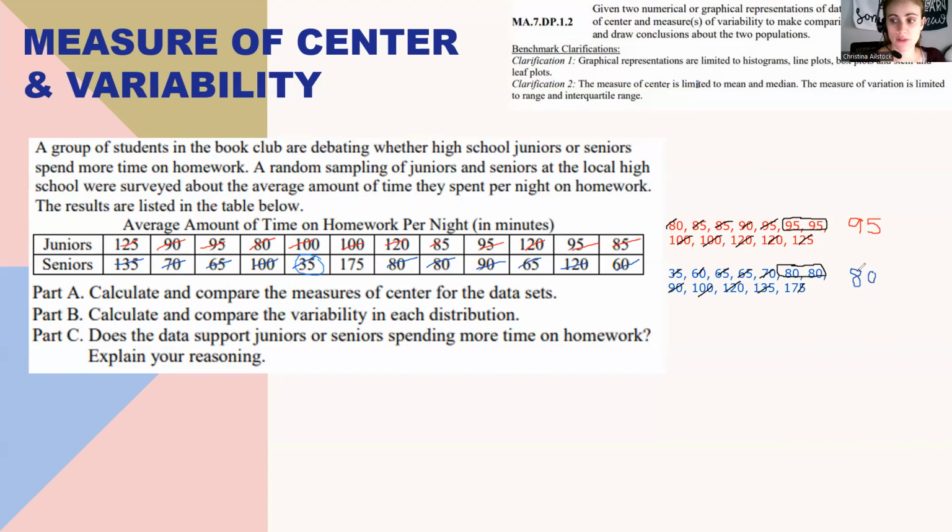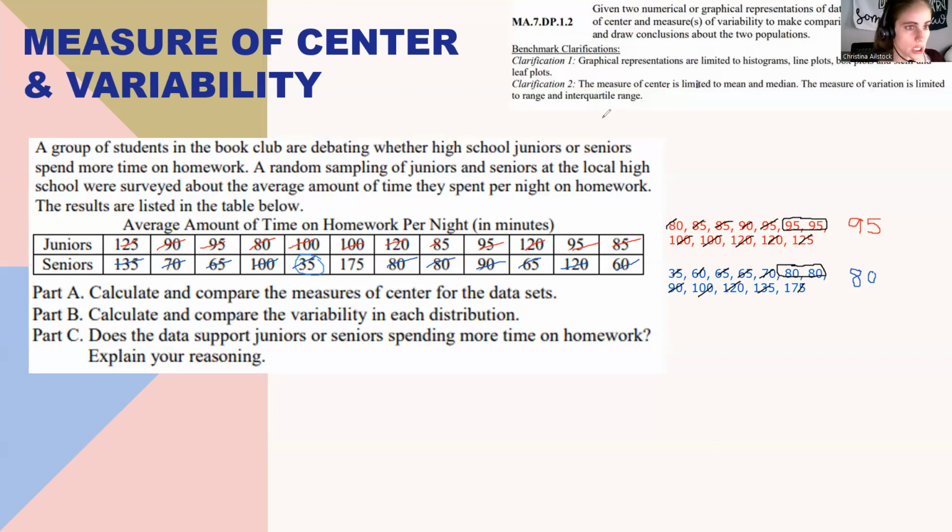Calculate and compare the variability in each distribution. Well, remember that when you're finding the variability, you can either use the range or the interquartile range. In this case, we're going to use the regular range. And remember, to find range, that's when you take the largest value and subtract the smallest. We're finding that difference.